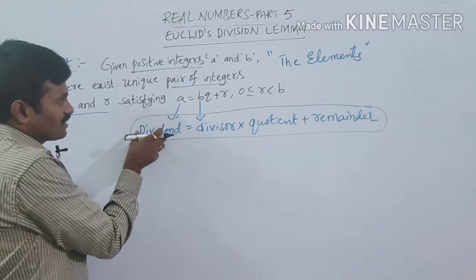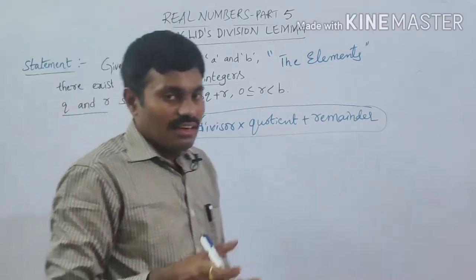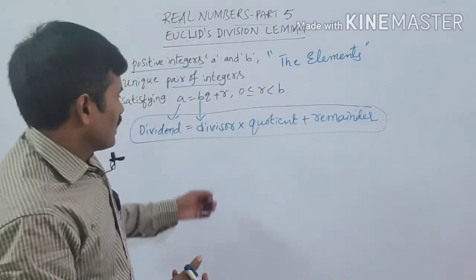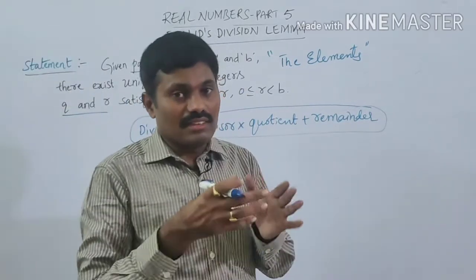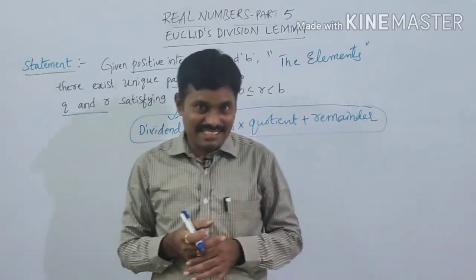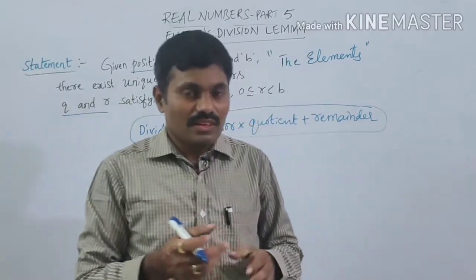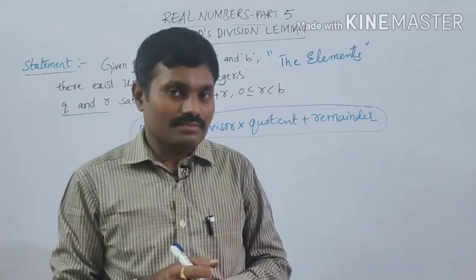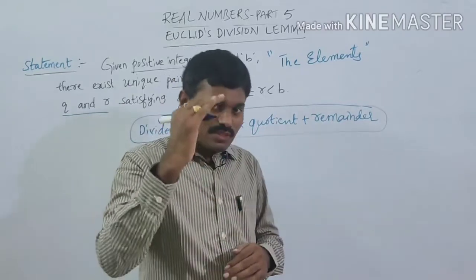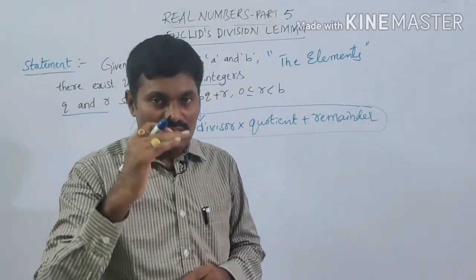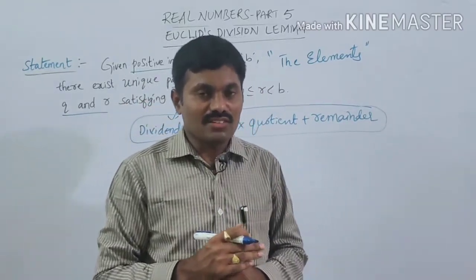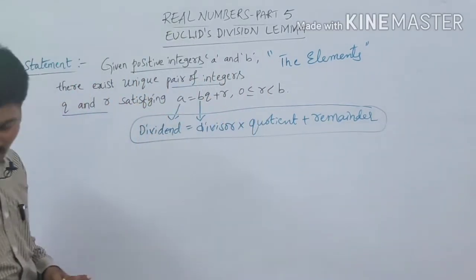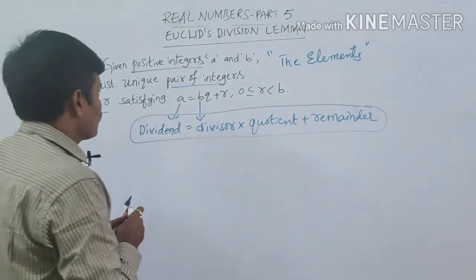So by using this, we can find the HCF of two positive integers. The procedure of finding the HCF of two positive integers is called the method of finding HCF using division lemma. Yes, the steps of finding the HCF of two positive integers are called Euclid's division algorithm.